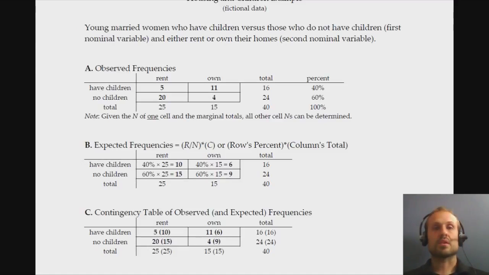And if I get my numerical value, which is going to be a chi-squared value again, if I get something that is very significant, way out there, hinting that it's rare, if these two variables were completely independent and they weren't related in some way, didn't affect the breakdown in any way, then I wouldn't get something that extreme. So if I do, that means that they're not independent. And there's reason to believe that having children versus not affects renting or owning a house.